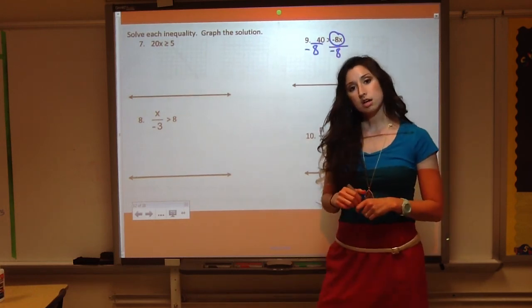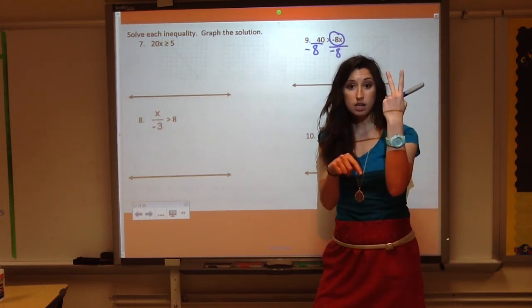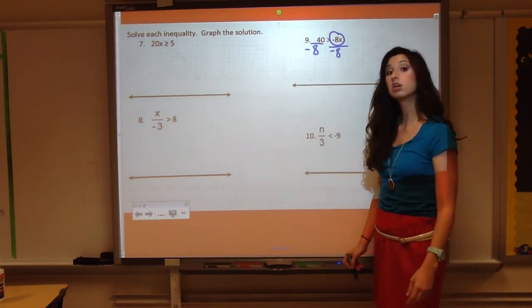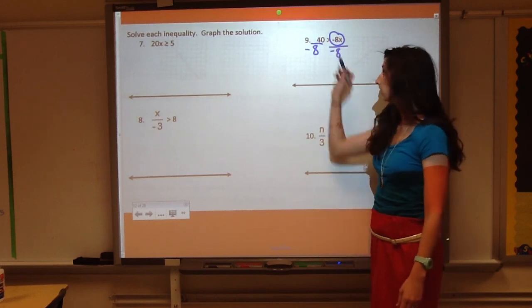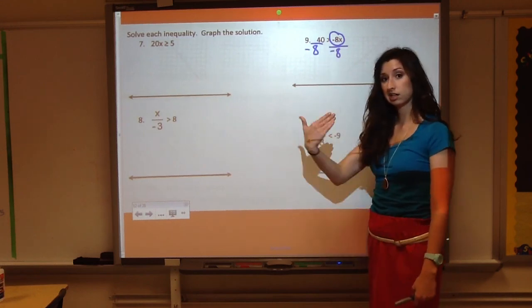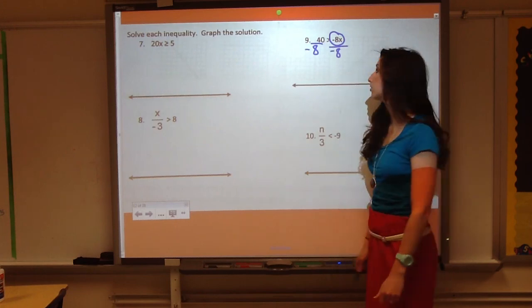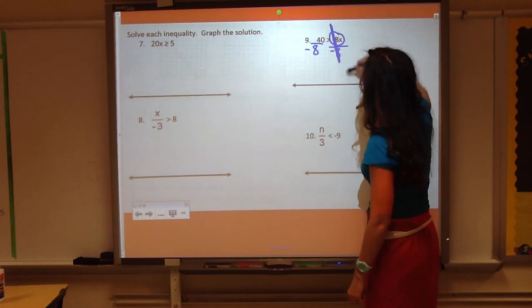Now let's remind ourselves, we have a new rule. If we are multiplying or dividing by a negative number, is that a negative number? Am I dividing? So what do I need to do with this sign? Flip it. Only if I'm dividing or multiplying by a negative number. So here we go. Negative 8 divided by negative 8 cancels.